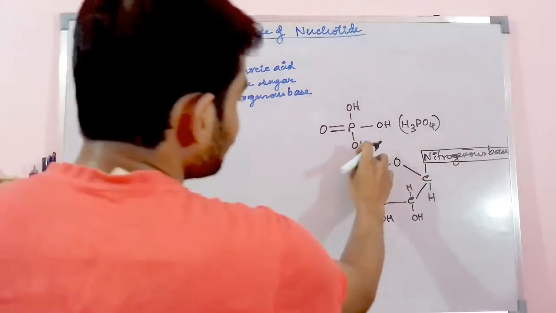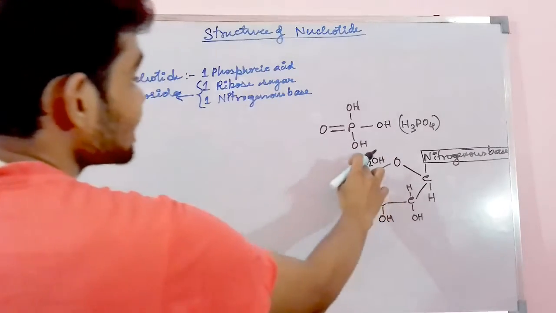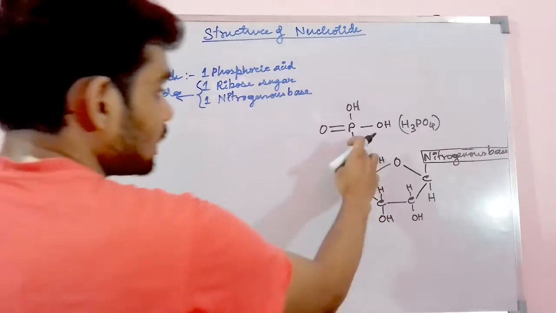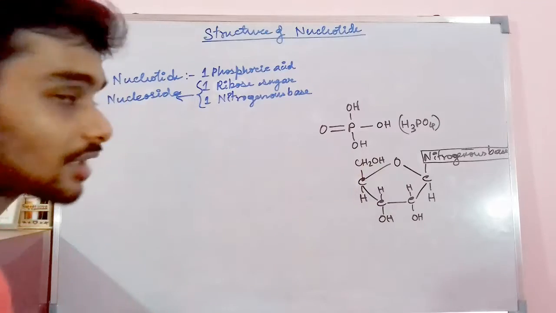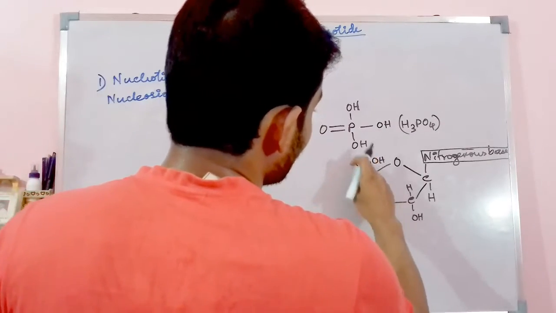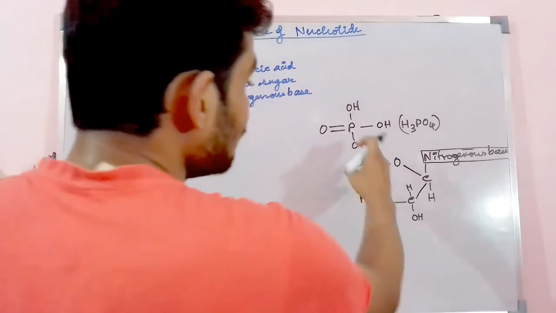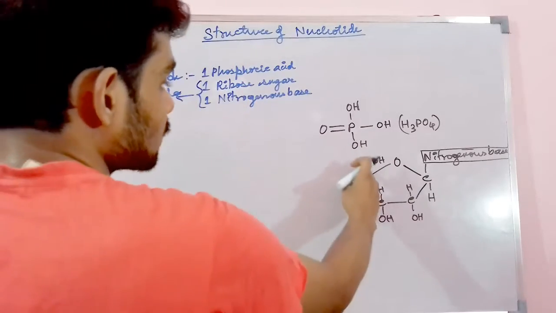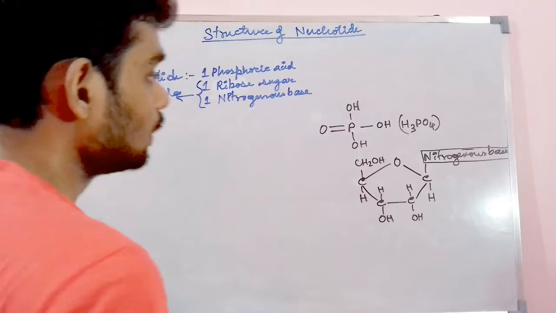This H3PO4 structure will join with this fifth carbon. This oxygen will join with the fifth carbon along with the removal of H2O, along with the formation of a carbon and oxygen bond.